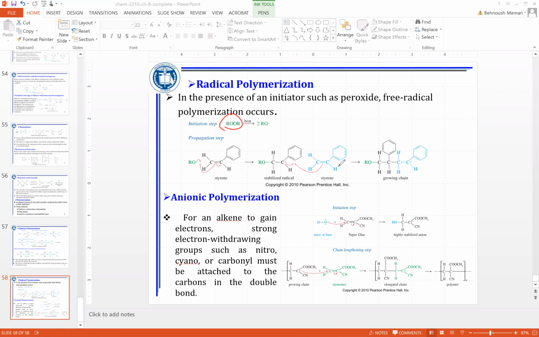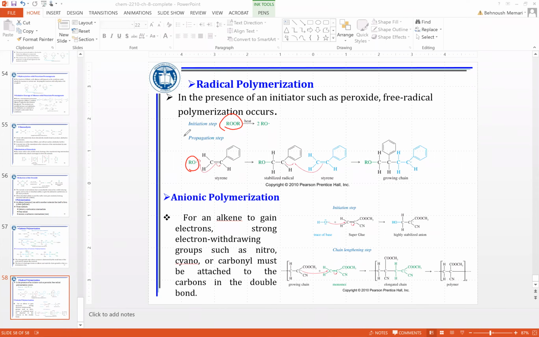And we were talking about anti-Markovnikov when you have peroxide, alkyl peroxide, or hydrogen peroxide. But in this case, at least know that you have a free radical as the intermediate. But the mechanism of the reaction is going to be exactly the same.